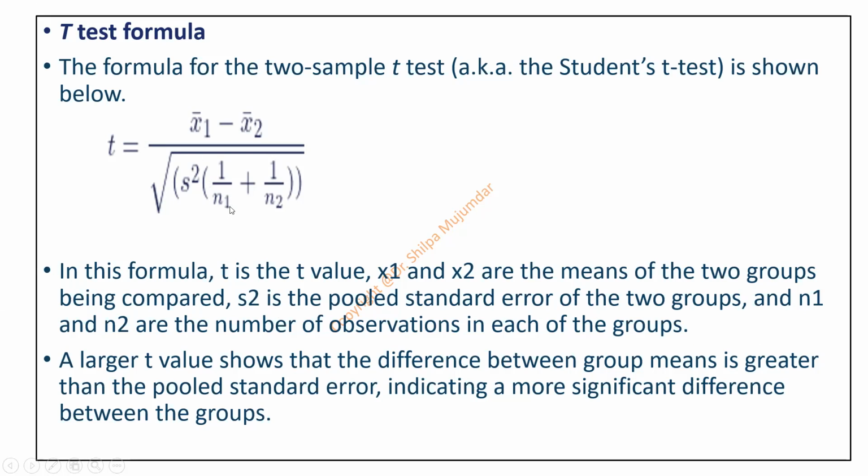So S square times 1 upon N1 plus 1 upon N2. So a larger T value shows that the difference between two groups is greater than the pooled standard error, which indicates a more significant difference between the two groups.